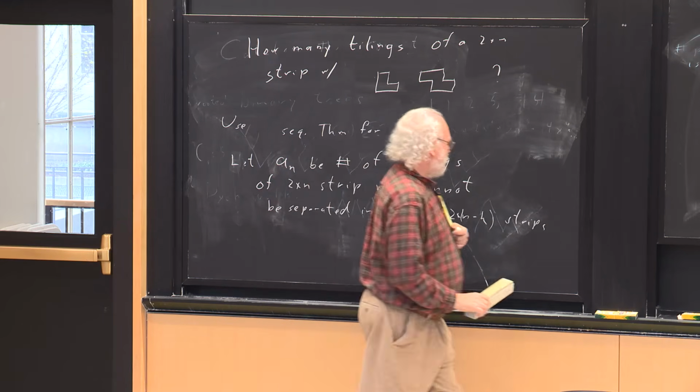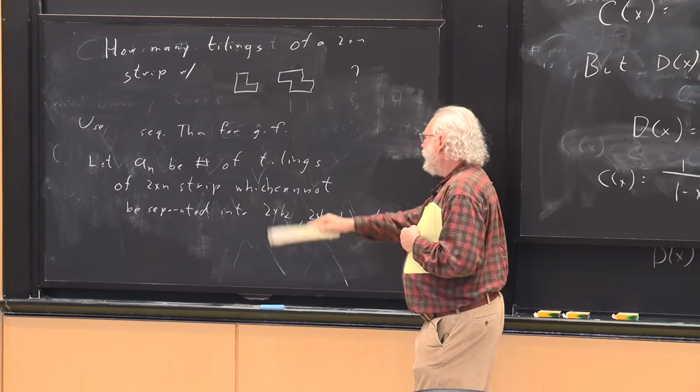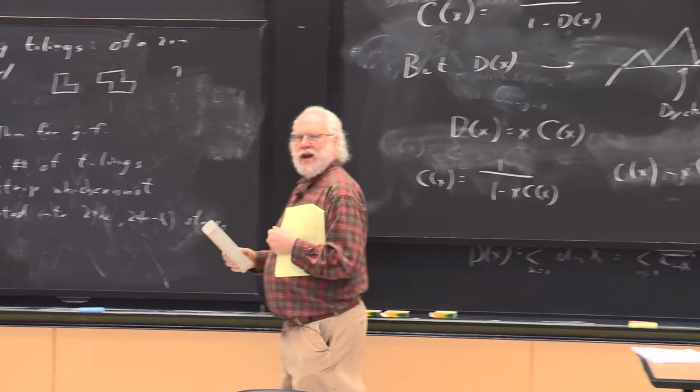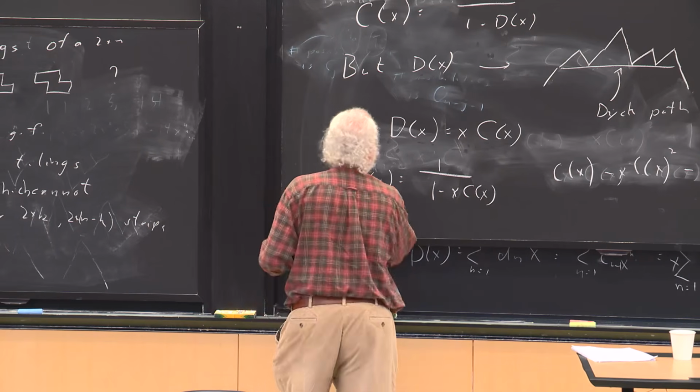So in some sense, this is the number of, I don't know, fundamental tilings of a 2 by n strip, which cannot be assembled out of other tilings.